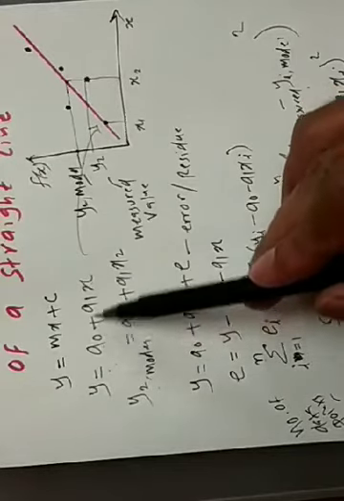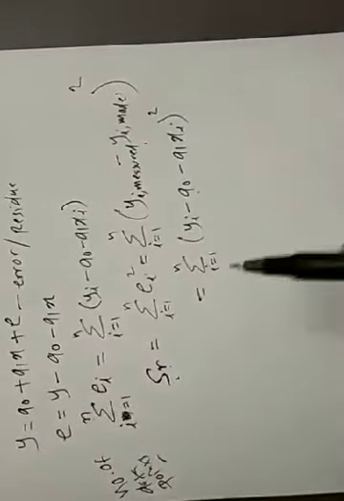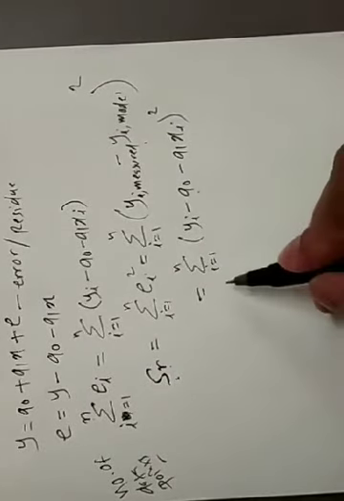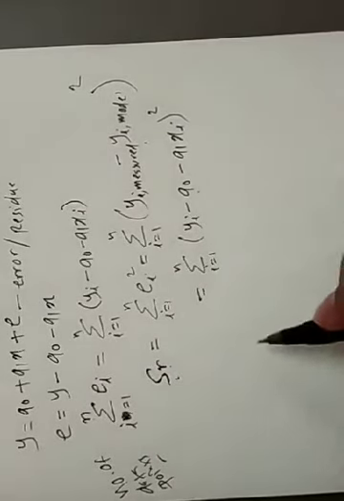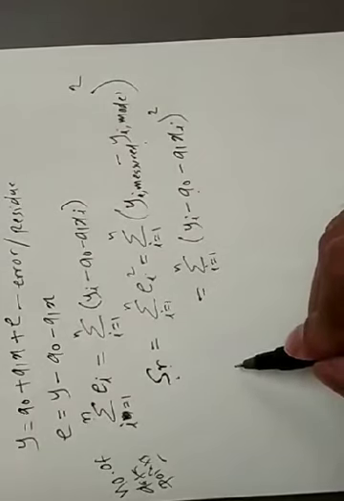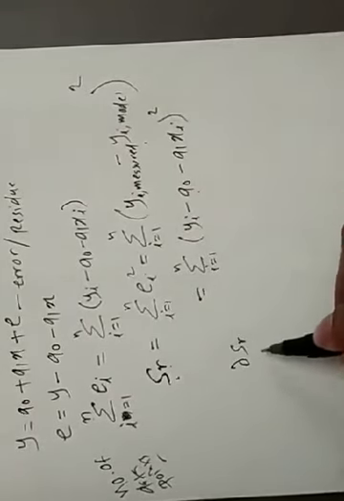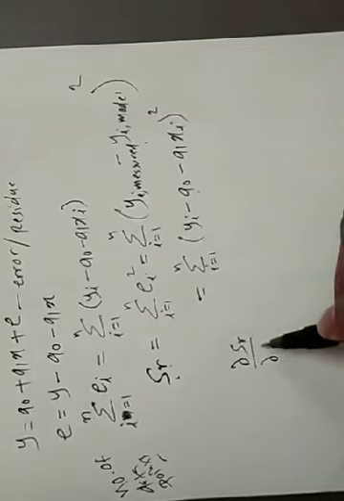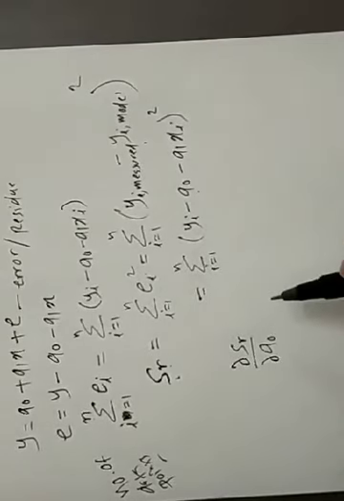So these two are the unknowns. So differentiate SR with respect to these two unknowns. ∂SR upon ∂a0. We'll take the partial derivative because we have two variables.